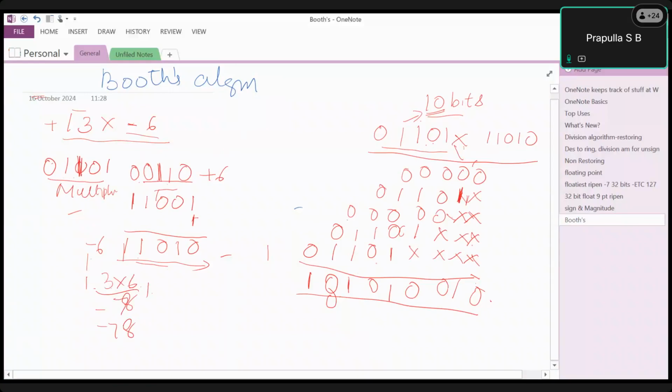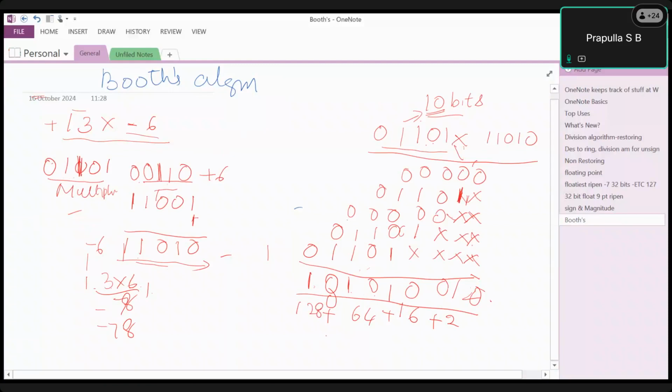Okay, so if you just check this, this is 2 plus 16, 16 plus 2, this is 32, this is 64 plus 128. But actually this is in 2's complement, because I had taken minus 6.